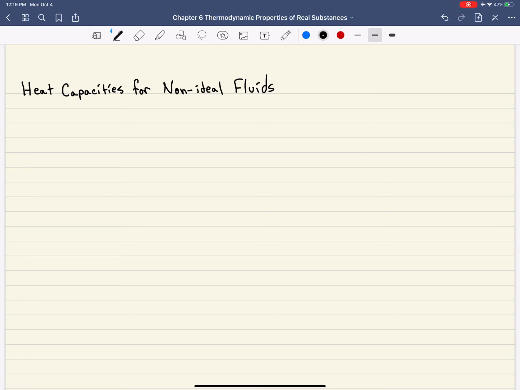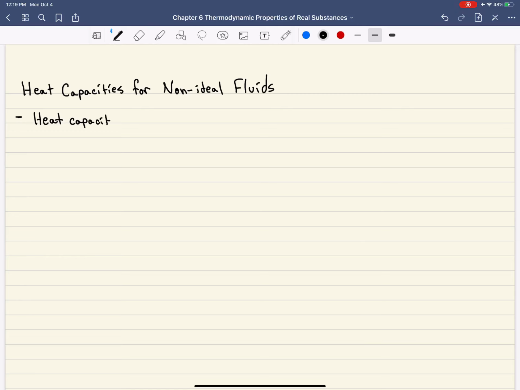So in the previous videos, we talked about how different sorts of equations of state help relate pressure, volume, and temperature to one another. It turns out that the equations of state are not only useful for describing those properties, but they're also useful for describing heat capacities as well.